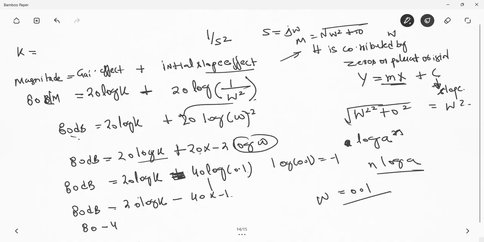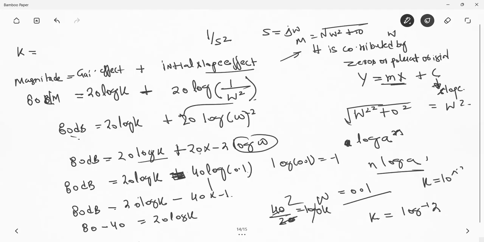So this is 80 minus 40, this is 20 log k. So this value becomes 40 divided by 20, log k is 2. Take the log inverse. How do you take it? K is equal to log inverse of 2, which means if you want to eliminate the log, you put k is equal to 10 power 2.